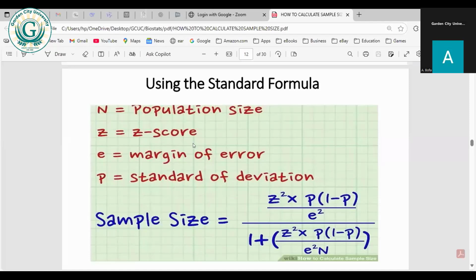If you look at the formula itself, you can see that it depends on the population size. So if you don't know the population size, you can't apply this formula. I hope that is clear.